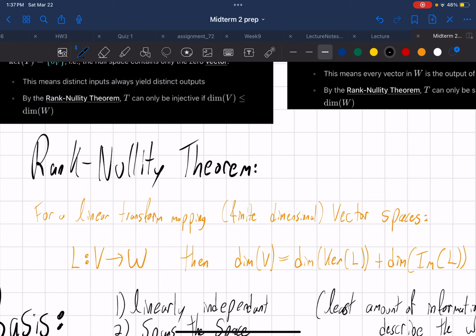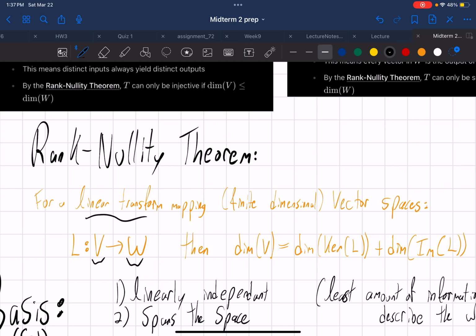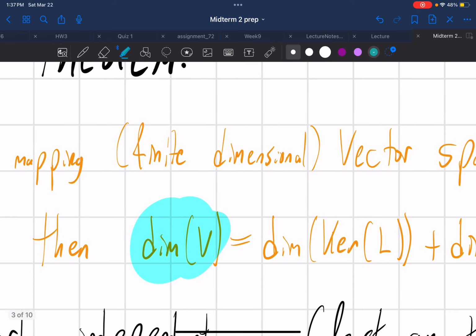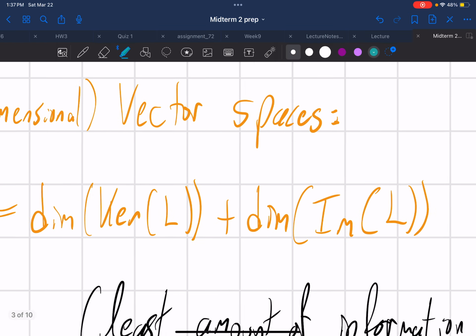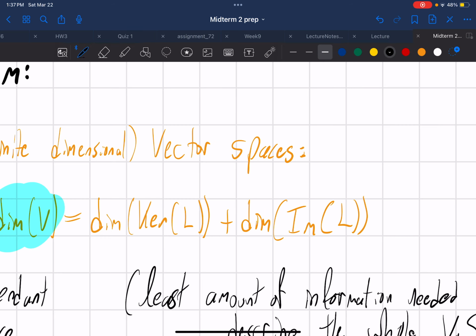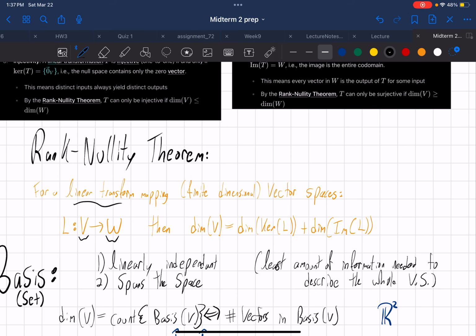Technically speaking, the rank-nullity theorem states that for a linear transformation that maps finite dimensional vector spaces, we're going to call them V and W, the dimension of V, the dimension of our domain, so everything that we can send from our input space, is simply equal to the information we lose, the dimension of our kernel, plus the amount of unique linearly independent things that we map to. Okay? So basically, when we're mapping stuff from our input space, it can either be sent to zero or it can be sent to some value in the codomain.